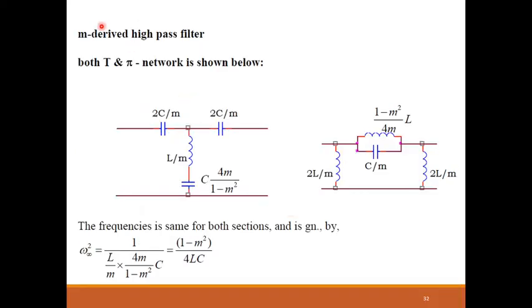Similarly, the high pass filter in the T section. Here also we consider the frequency omega square infinite, it should be equal to 1 divided by L by M into 4M divided by 1 minus M square into C. While simplifying this, 1 minus M square divided by 4LC will come.